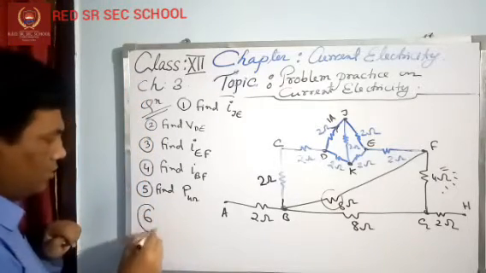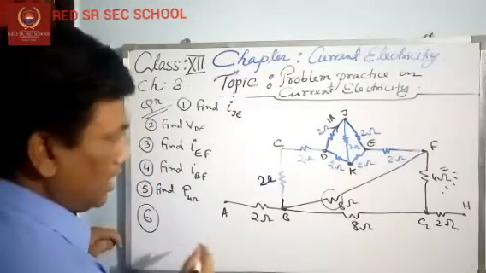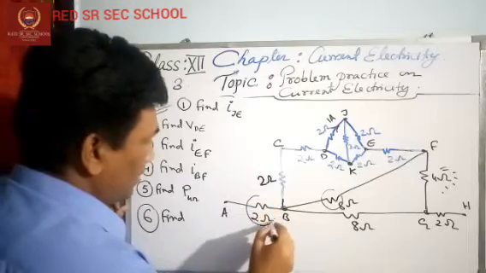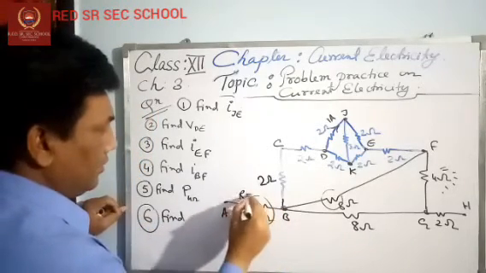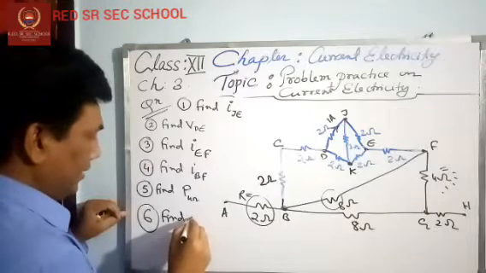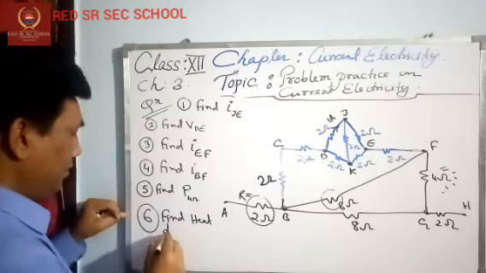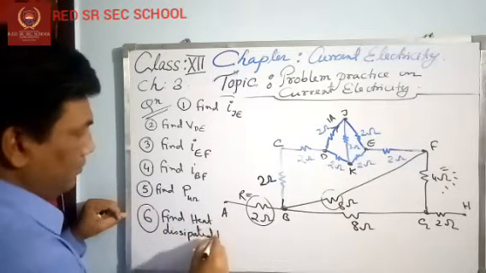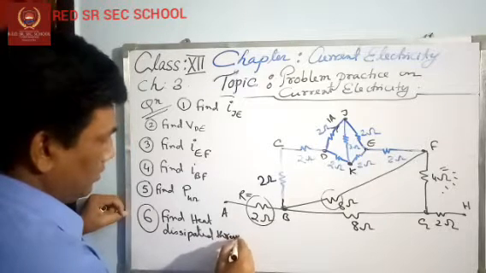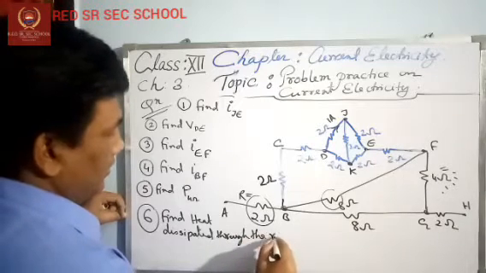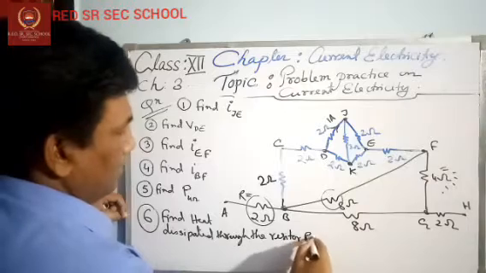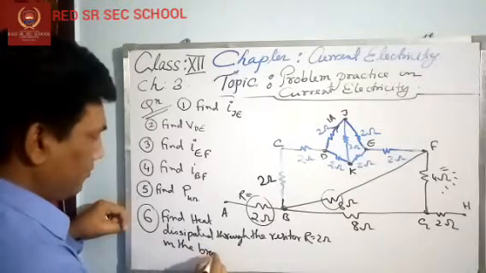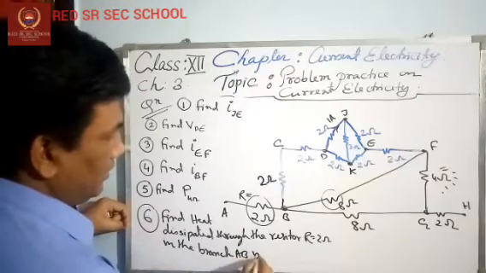One more question can be asked. Find the heat dissipated through this resistance R. Find the heat dissipated through the resistor R equal to 2 ohm in the branch AB in 2 seconds.